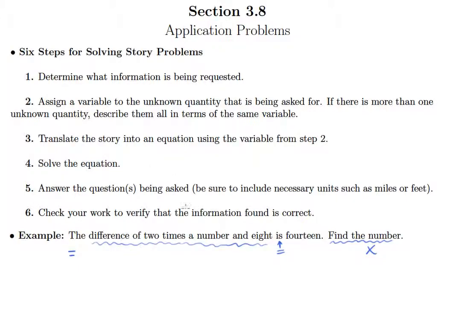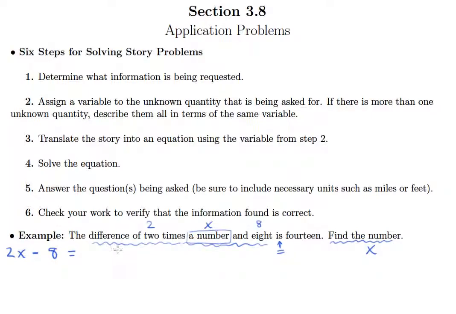First of all, I know that a number should be x, because I determined that over here. Of course, I can put the number 8 and the number 2 in here. The difference of means I'm going to have subtraction. What am I taking the difference of? 2 times a number, so that would be 2x, and 8.